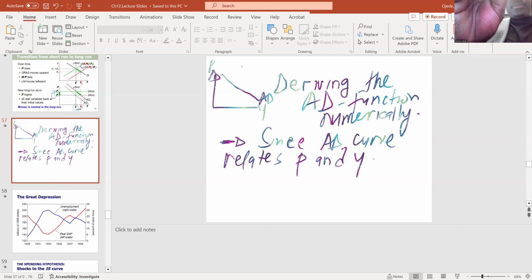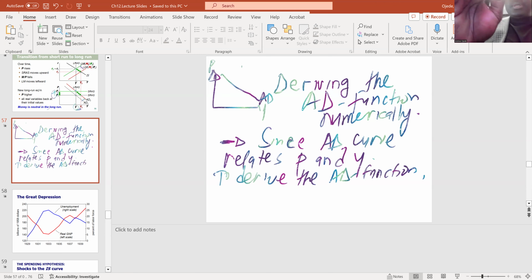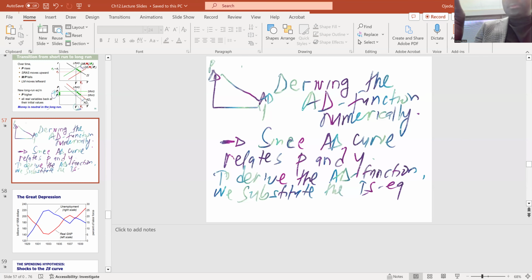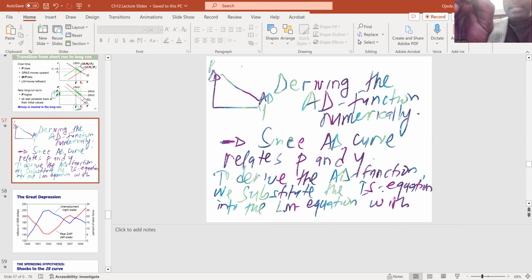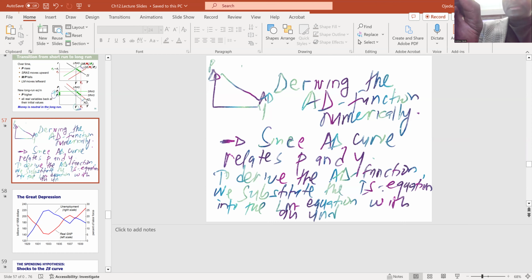So to derive the AD function, we substitute the IS equation into the LM equation with an undetermined price.